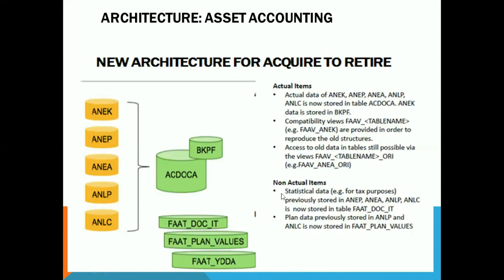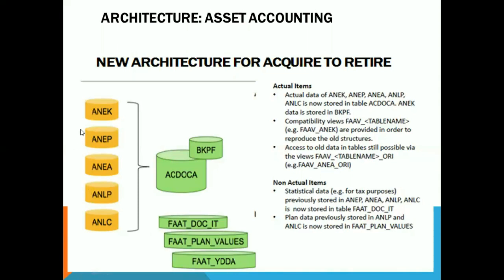All the statistical data related to tax purposes was previously stored in ANEP, ANEA, ANLP, and ANLC. Now all the statistical data goes into a new table, FAAT_DOC_IT. In the same way, for the plan data, a new table, FAAT_PLAN_VALUES.